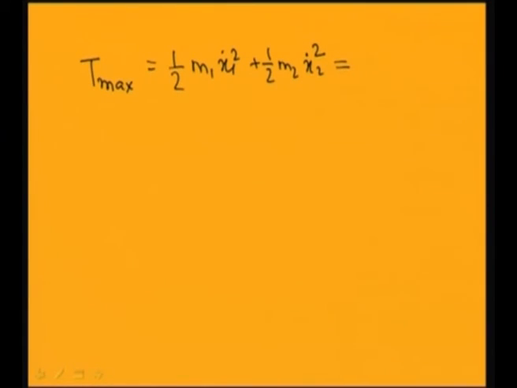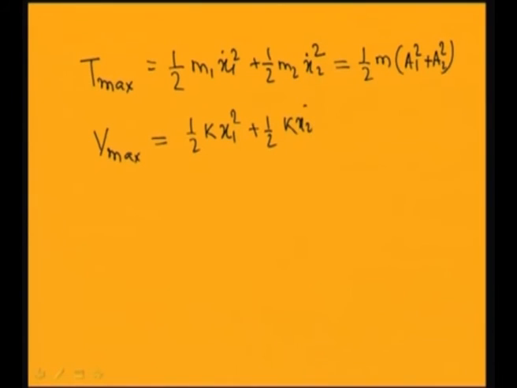As I am taking the masses the same, it will be equal to half m omega square times a1 square plus a2 square. Similarly, I can find V max, the maximum potential energy, which will be equal to half k x1 square plus half k x2 square.